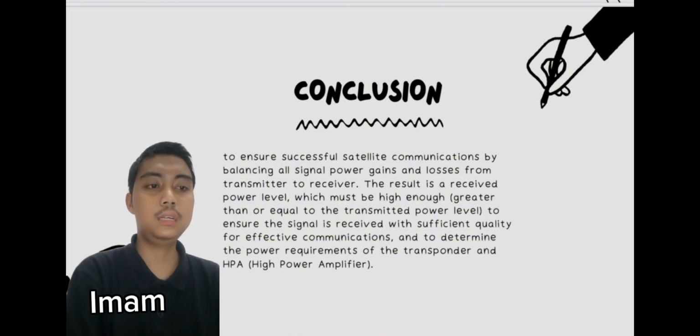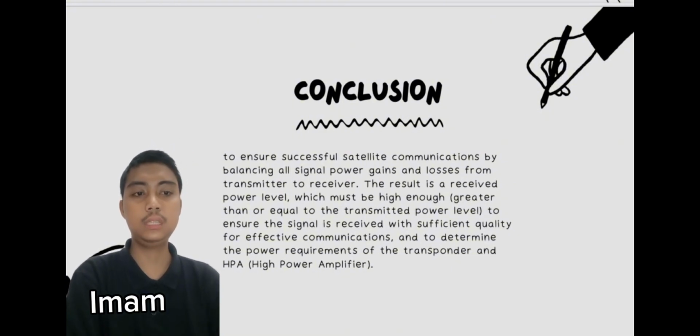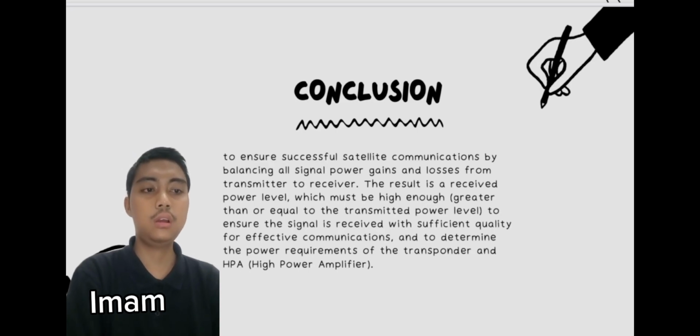The result is a received power level which must be greater than or equal to the required power level, to ensure the signal is received with sufficient quality for effective communication and to determine the power requirements of the transponder and HPA, or high power amplifier.